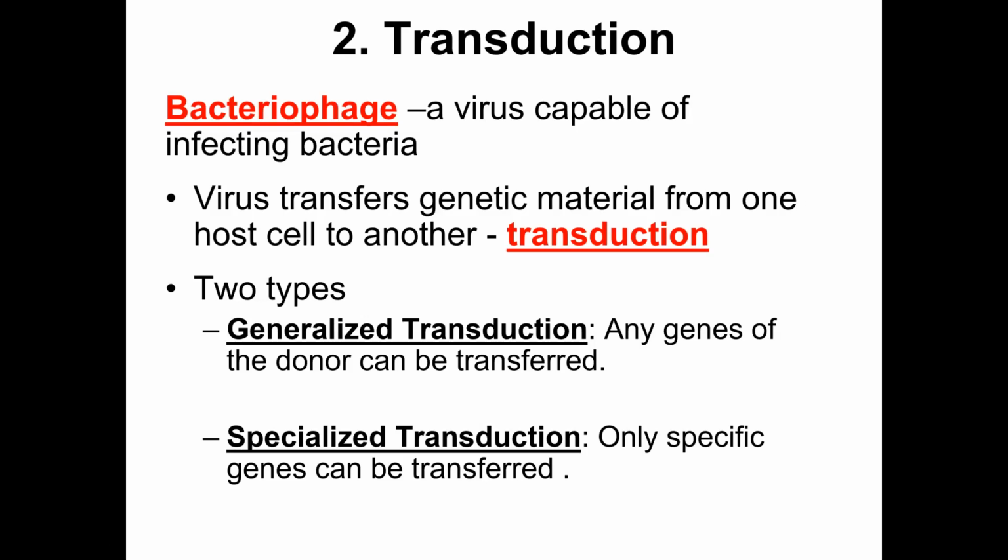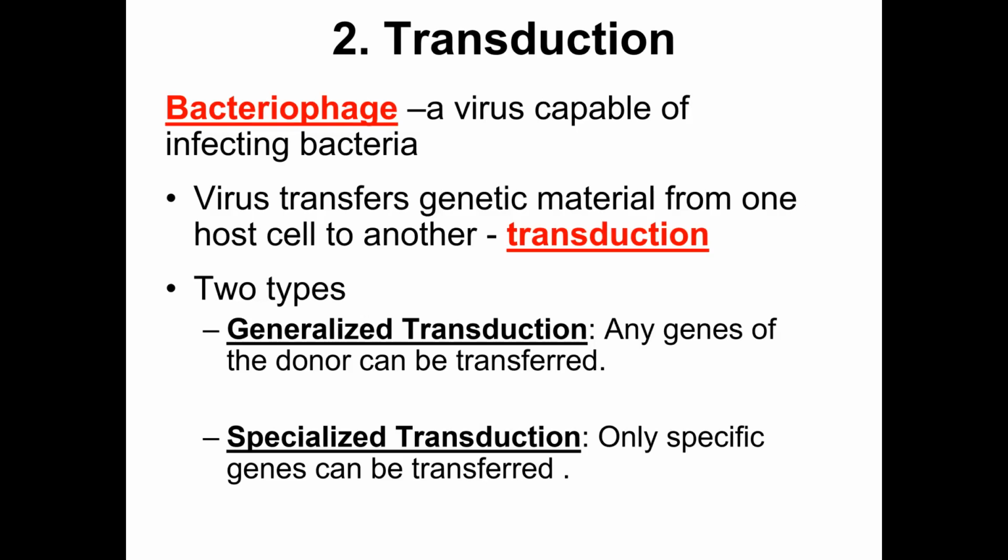So we're going to talk about this more when we get to the virus chapter, but there are two types of transduction. Okay, generalized, which I will talk about today, is the movement of any DNA, any genes from the donor cell to the recipient cell. That's why it's generalized. Any piece of DNA in that donor's fair game to be moved.